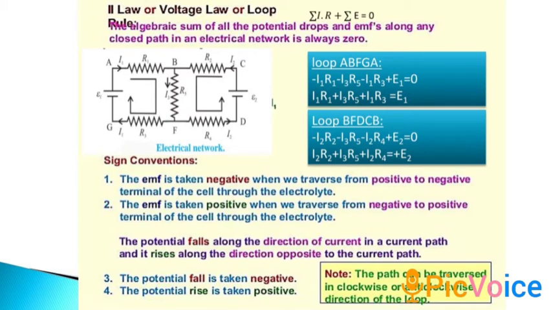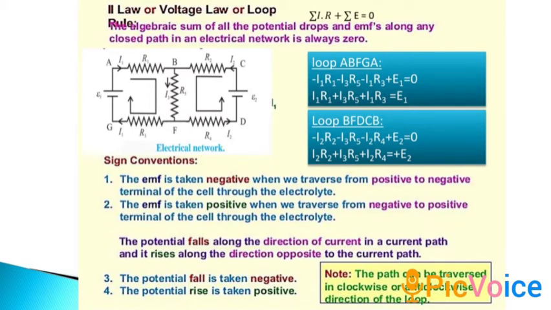The mathematical statement is that summation of IR plus summation of E is equal to 0. We can see this is the electrical network for solving Kirchhoff's second law. I'll explain this in detail.